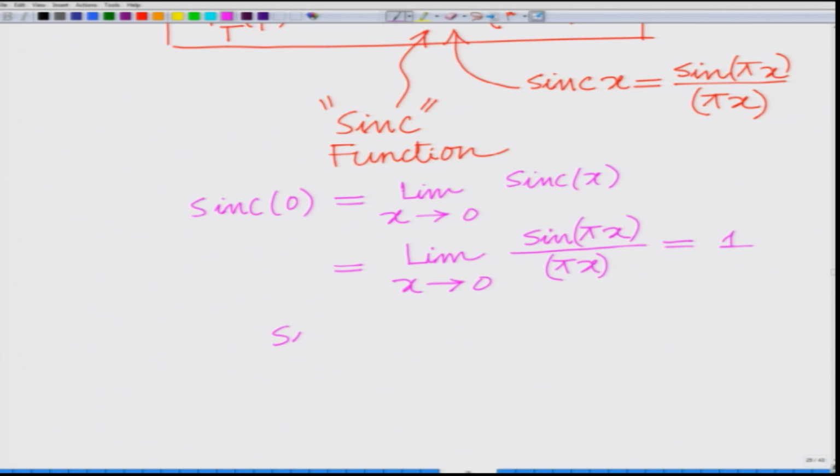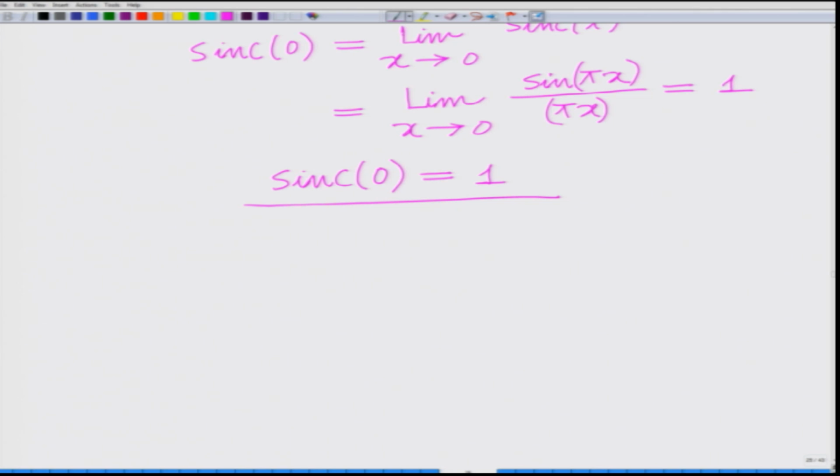So, people simply say that sinc of 0 is set equal to 1, because although strictly speaking it is not defined at 0, since sin x by x at x equal to 0 is undefined, we consider the limit as x tends to 0, and therefore sinc of 0 is basically 1.